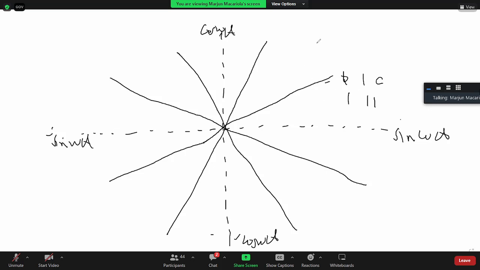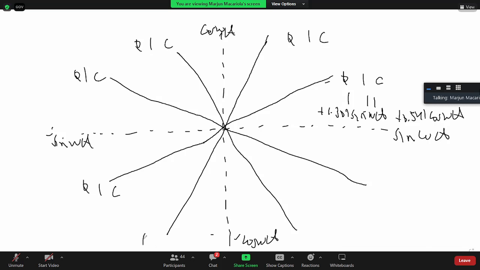Tapos, ilalagay nyo yung linear summer output, yung positive 1.307 sine omega ct plus 0.541 cosine omega ct. Lahat yan lalagyan nyo.